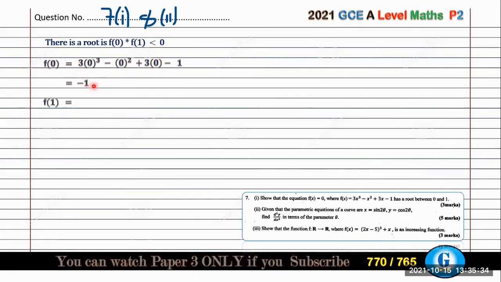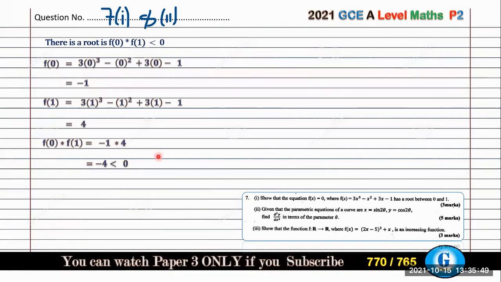F of 1 will be 3 into 1 cubed minus 1 squared plus 3 into 1 minus 1, and that gives us 4. Now, f of 0 times f of 1 is minus 1 times 4, which is minus 4. This minus 4 is less than 0. Therefore, we conclude that f has a root in the interval 0 to 1, or between 0 and 1.